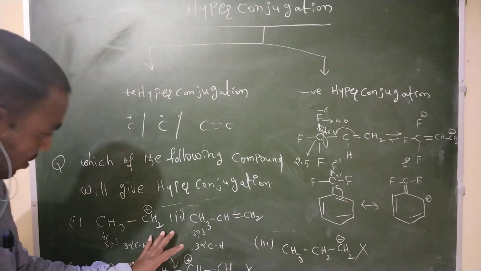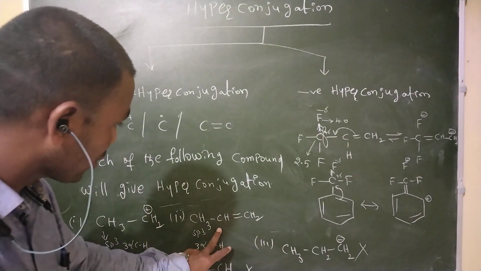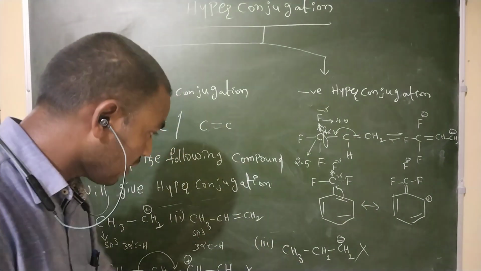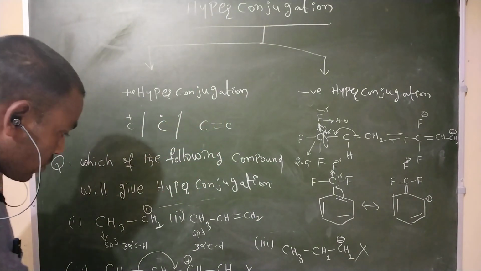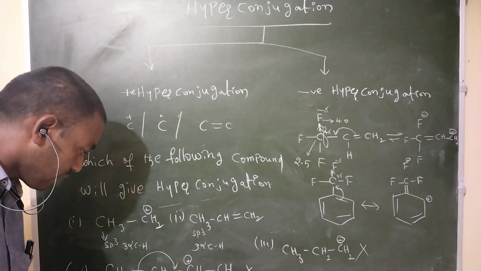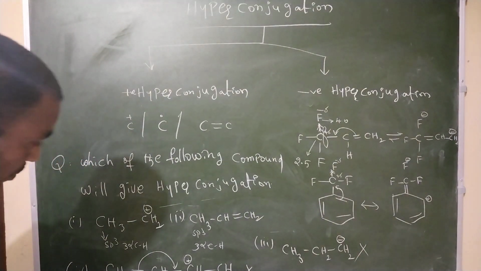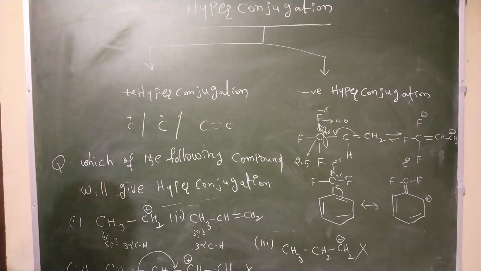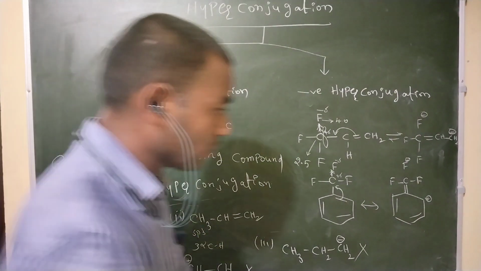So we are observing 3 hyperconjugations in this compound, here also 3, here also 3. Here there are no hyperconjugate structures, and here also none, but resonance structures are observed. Resonance domination takes place compared to hyperconjugation. Fine. So now I'll go with applications.